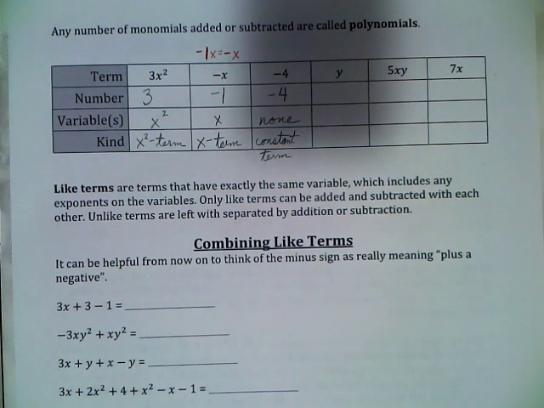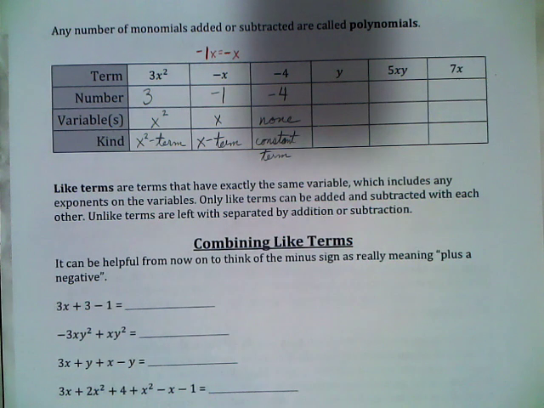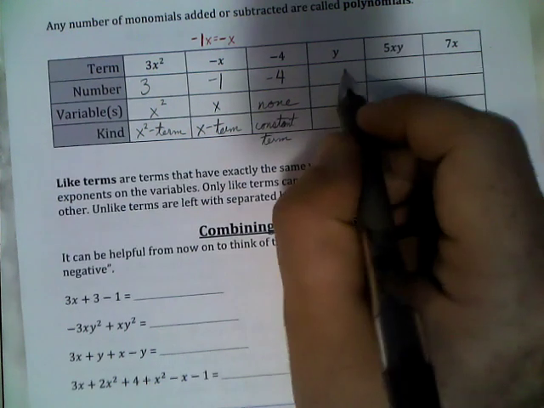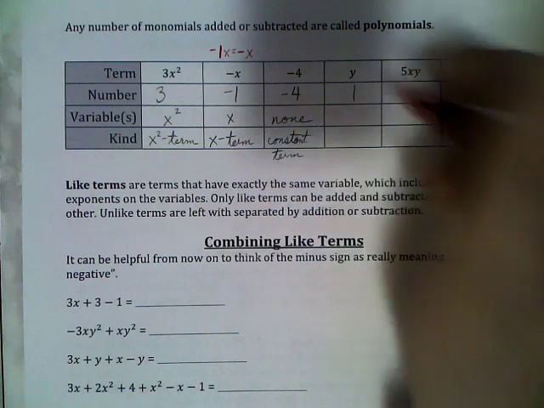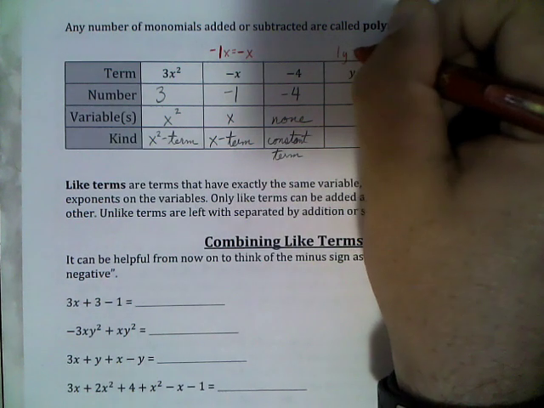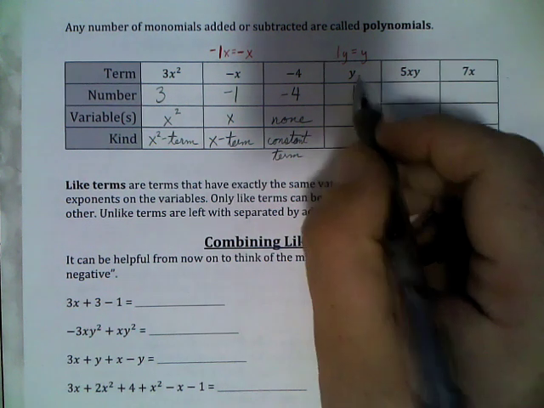All right, with those basics out of the way, the next few should move pretty quickly. So our next one here is just a y all by itself. Remember, if it's all by itself, it's really an invisible 1. So 1y is y. What kind of variables do we have?